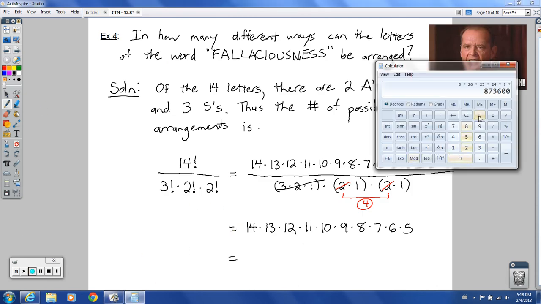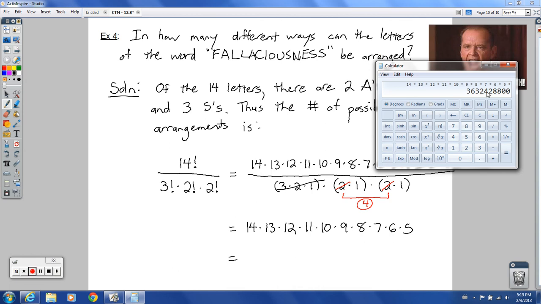But for right now, let's clear this out and just do this the longer way. So 14 times 13 times 12 times 11 times 10 times 9 times 8 times 7 times 6 times 5 is going to equal, whew, big number.